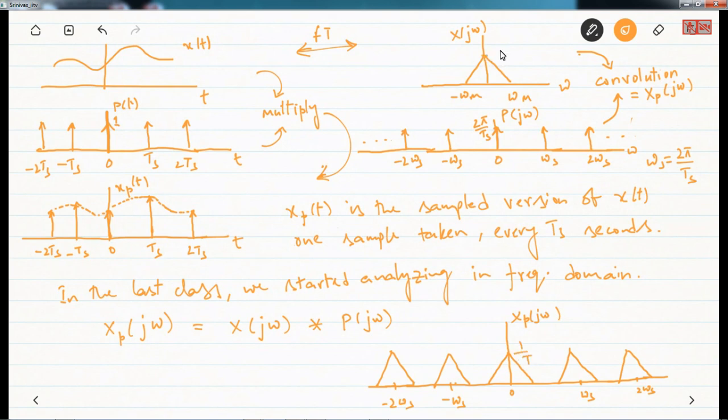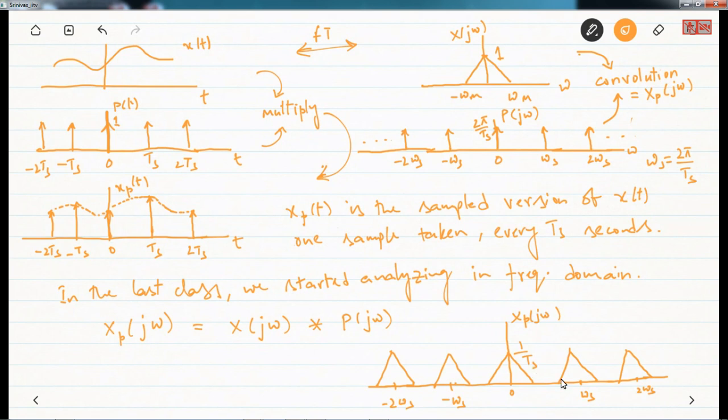Please note down these amplitudes. This is 1, this is 2π by Ts, and here its amplitude is 1 by Ts. So in the last class we did up to this. This is the convolution of X(jω) and P(jω).